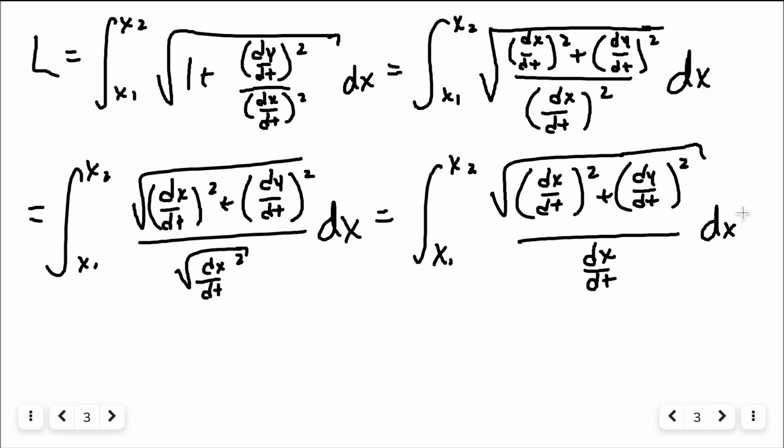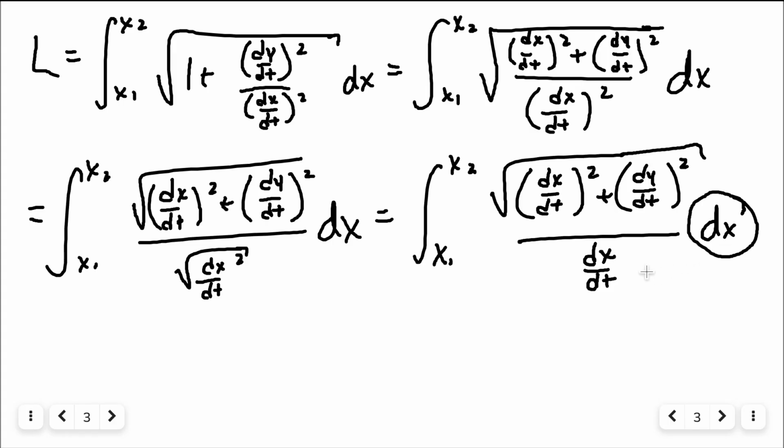The biggest issue we have is dx, because x is the variable of integration, but this entire integrand is written in terms of t. It's not written in terms of x. That's a big problem. So the question is, how are we going to convert this from dx to dt?